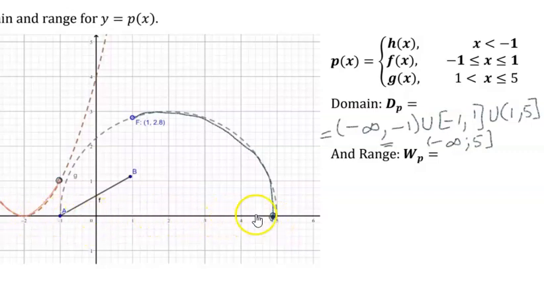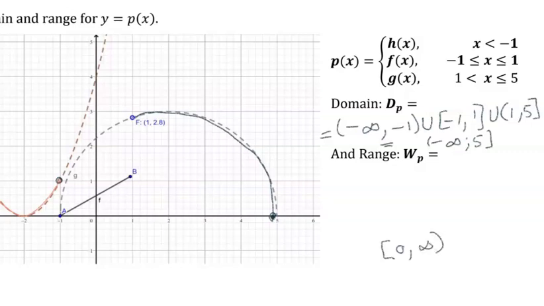So from 0 we can move up with this function. The highest it can reach is there. This one, the highest it can reach is there. And this function goes up and up and up until infinity. So we can just write down the final answer, which is from 0 up to plus infinity.